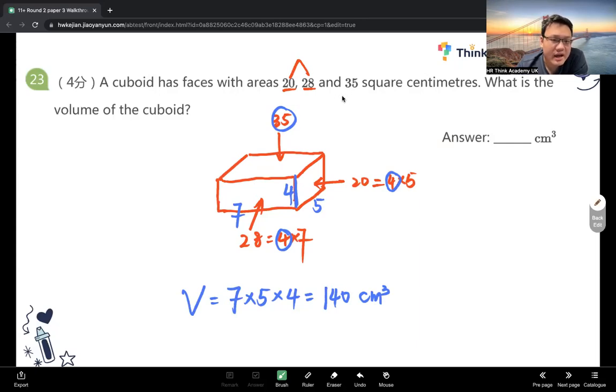So that's why I said the top is 35. Of course, you can put this cuboid in another direction, then the 35 will be another face. Okay, 140. I'll say it's 140 for this one.